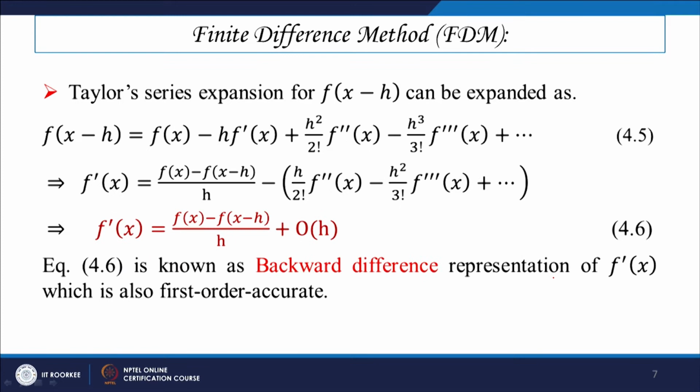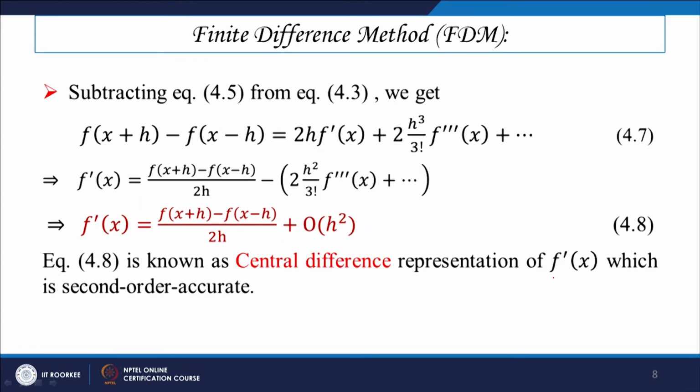Now consider the expansion of f of x plus h minus f of x minus h. We already have f of x plus h as f of x plus h f dash x plus h square by 2 factorial f double dash of x plus all other terms.